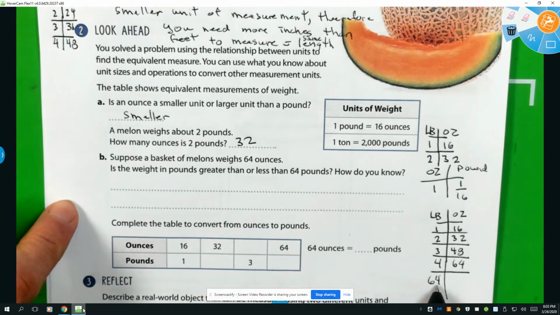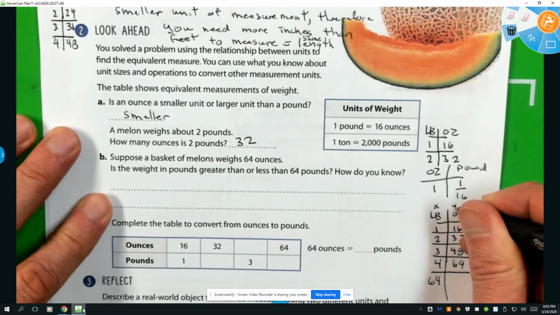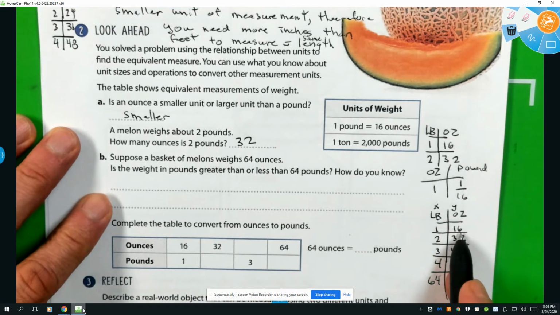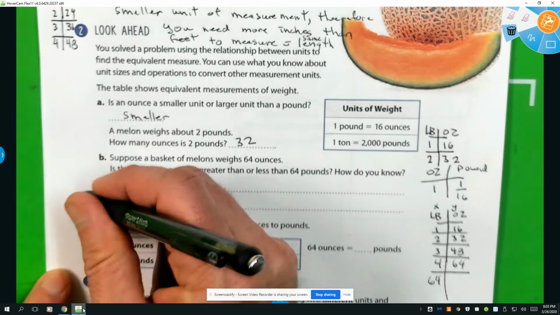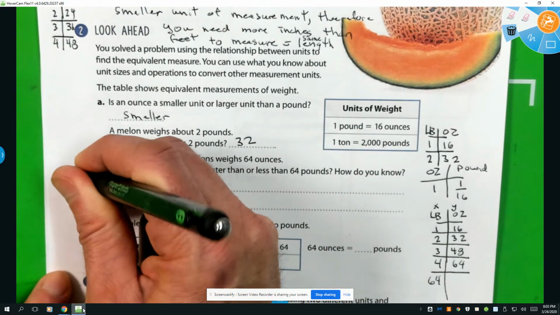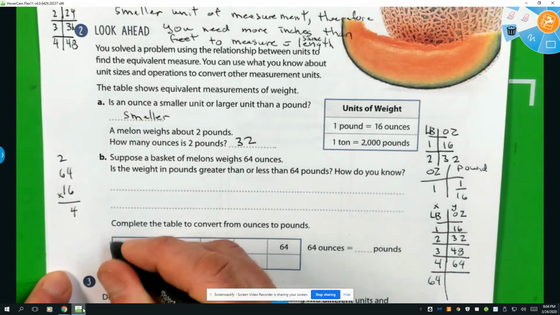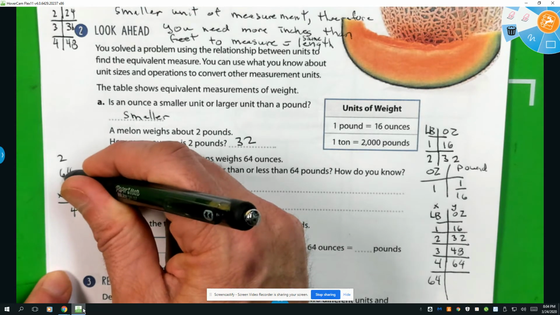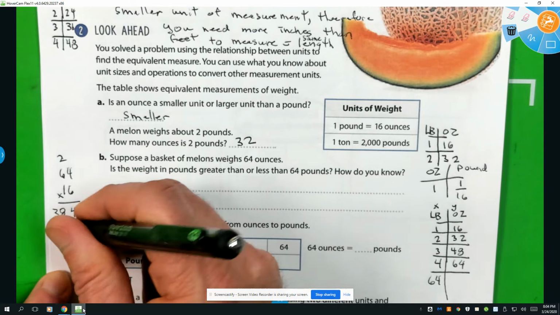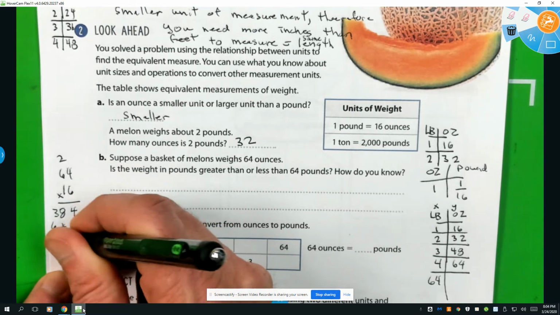So we're going to take 64 times 16, because the pound side would be our x, our ounce side would be our y, and we're doing x times 16 to equal y. So here is 16 times 64. 6 times 4 is 24. Carry the 2. 6 times 6 is 36, plus 2 is 38. Put a 0 in, and now it's just 1 times 64. 4 plus 0, 8 and 4 is 12.